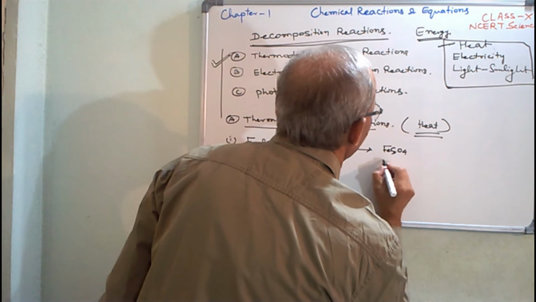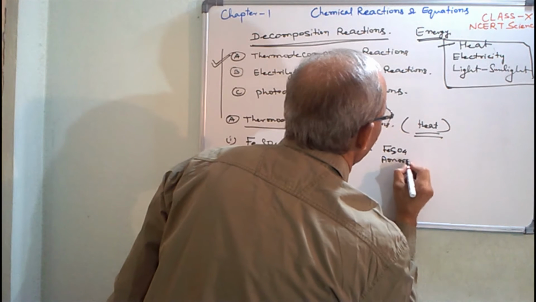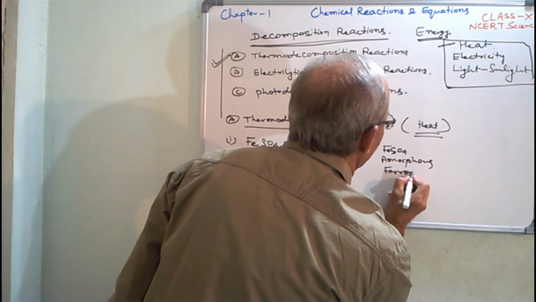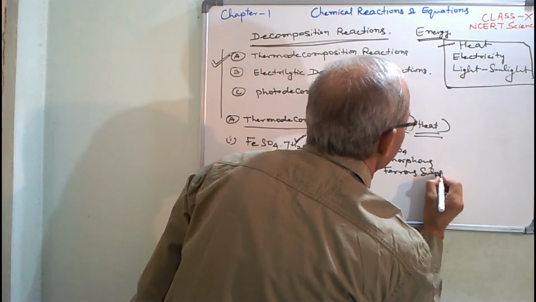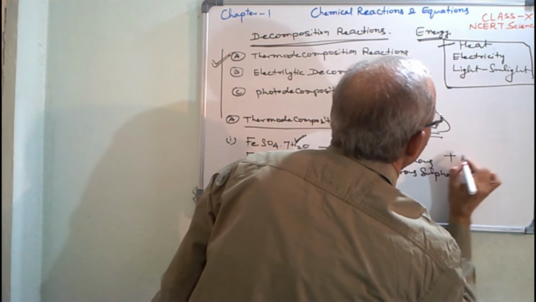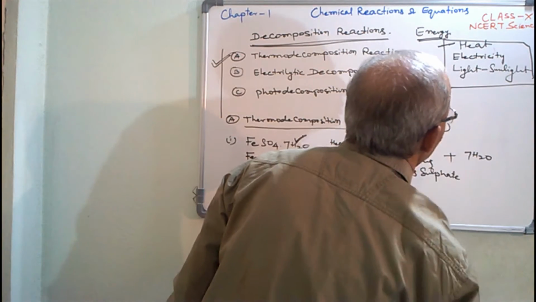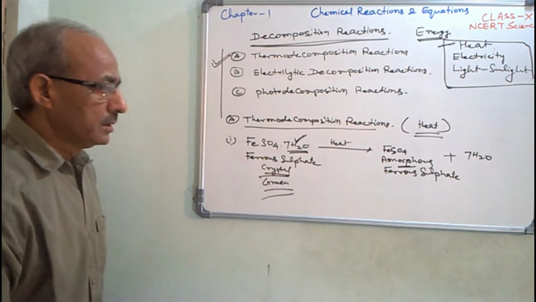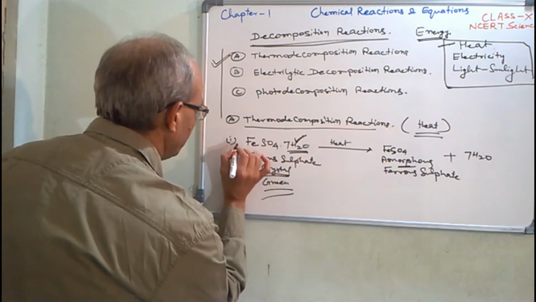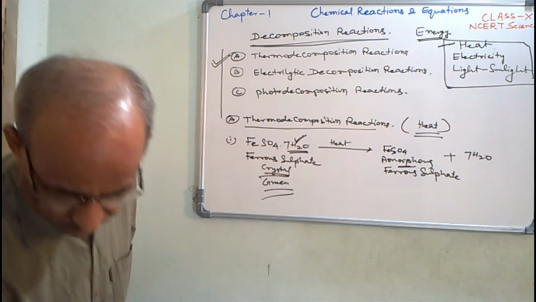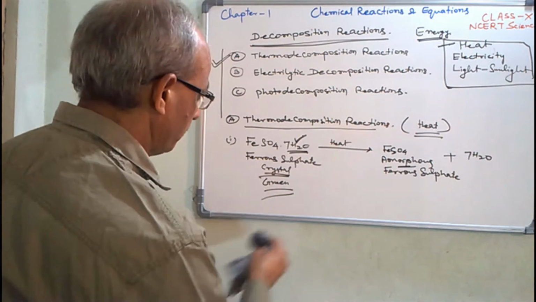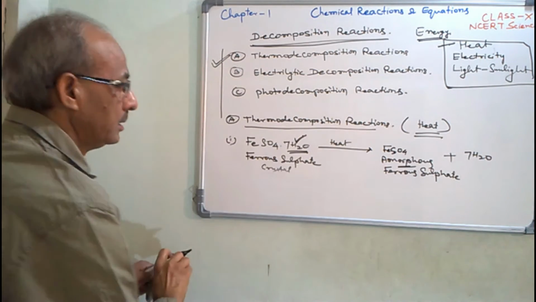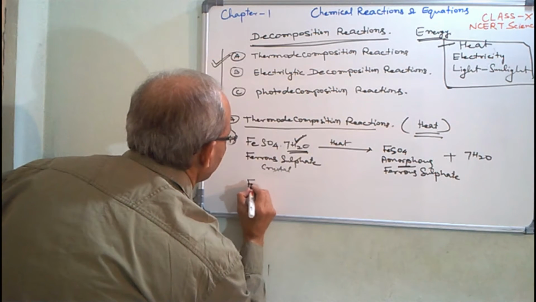FeSO₄, amorphous ferrous sulfate, by losing 7 molecules of water of crystallization. Amorphous stage. When heat is continued, in the second stage the splitting starts.